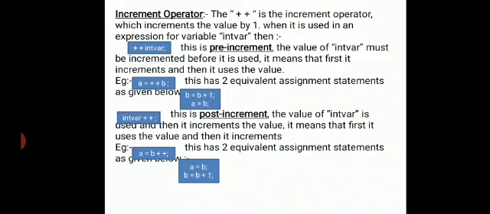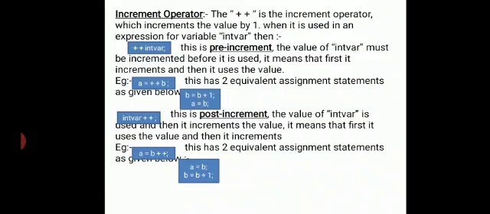The value of the int variable must be incremented before it is used. It means that first it increments and then the value is used. For example, a equals plus plus b. This has two equivalent assignment statements as shown below. b equals b plus 1, a equals b.